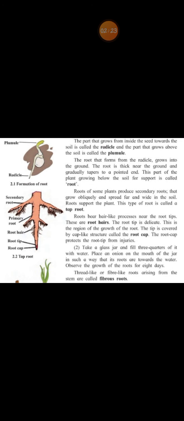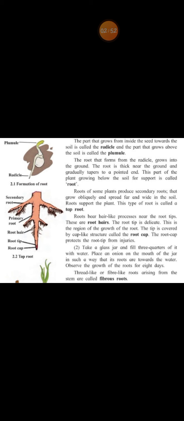The part that grows from inside the seed towards the soil is called the radicle, and the part that grows above the soil is called the plumule. Children, here you can clearly see the plumule and the radicle. Don't get confused between these two things.